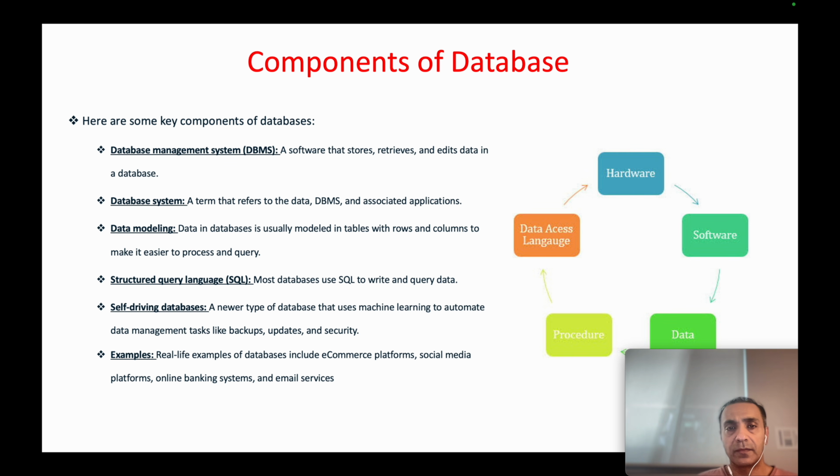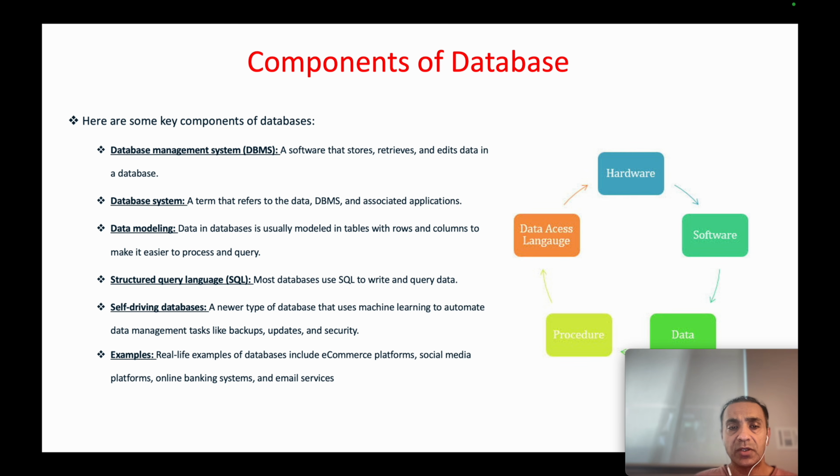There are lots of things that we can do using that. And the language that we use to do all of these tasks for data modeling is called Structured Query Language, which is SQL. Most databases use SQL to write and query data.